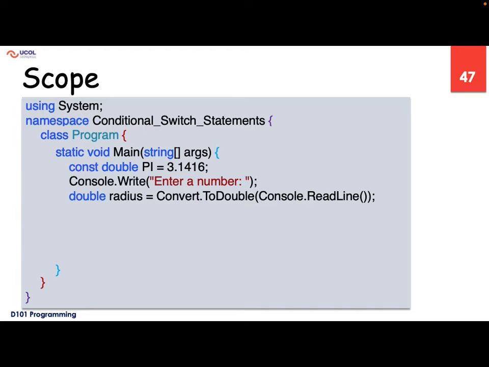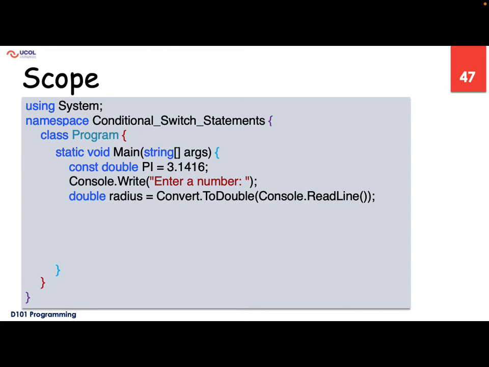If we are defining something in the main method, like we have defined that constant double pi is equal to, that's a named constant we have defined. And then we also have a double radius. And it is in the method. So we have defined in the method, we can access these two values anywhere within these blue brackets you can see.